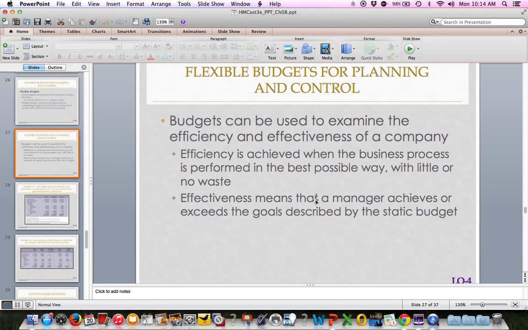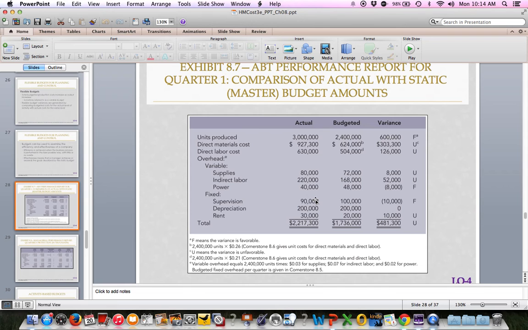If I do a flex budget, I'm able to figure out exactly what it cost me to make my product, actual versus that budget, and the difference will help me measure my efficiency, and the effectiveness, basically how effective the managers were at achieving their goals.